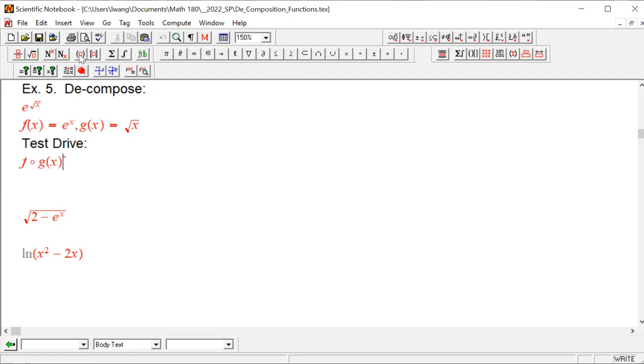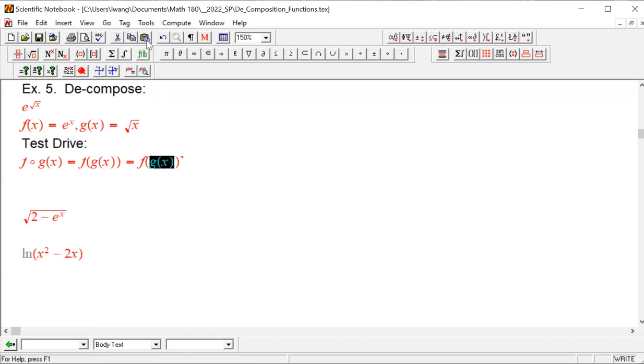Of x, and that's going to be f of g of x, right? So that's going to be e. Let's do it from inside out. When we compose, we go inside out. So this is square root of x.